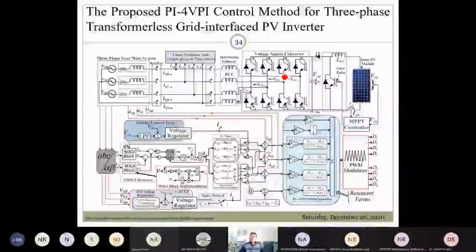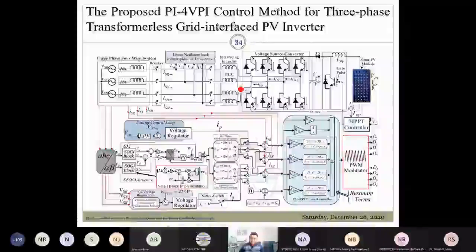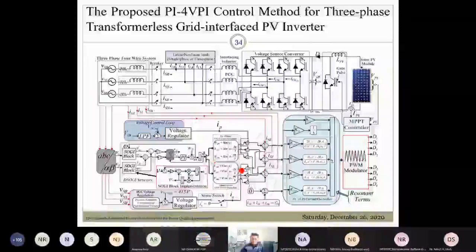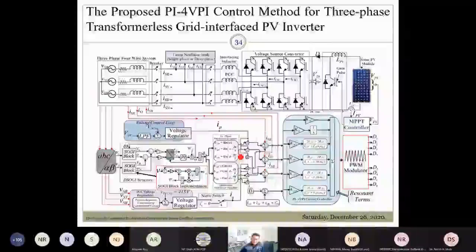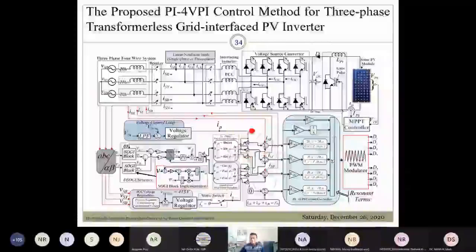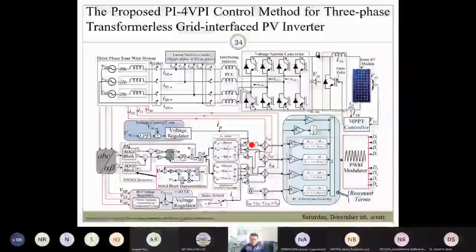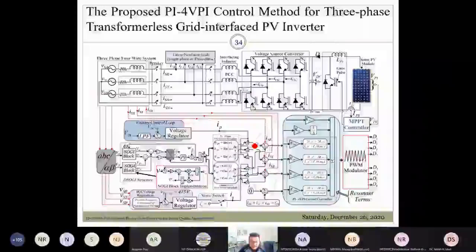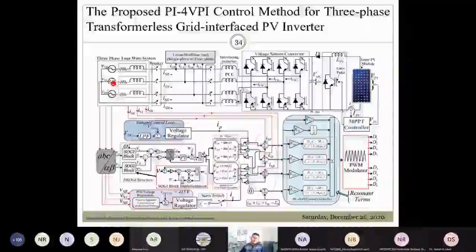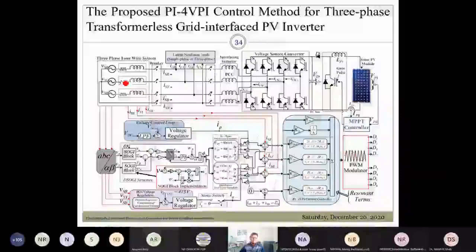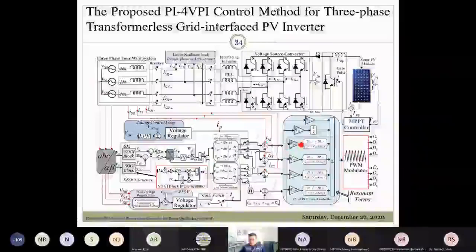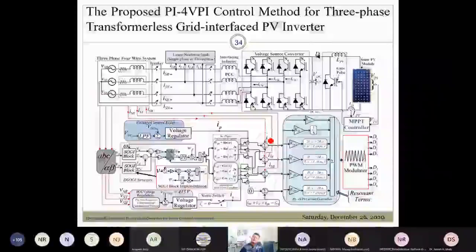Now, another control algorithm. This is the classical unit vector template generation control algorithm. The only problem with this algorithm was that, due to the distortions in the utility grid voltages and the presence of a DC component in them, there is a steady state error in the reference grid currents.